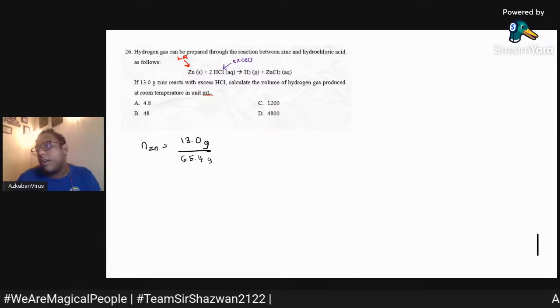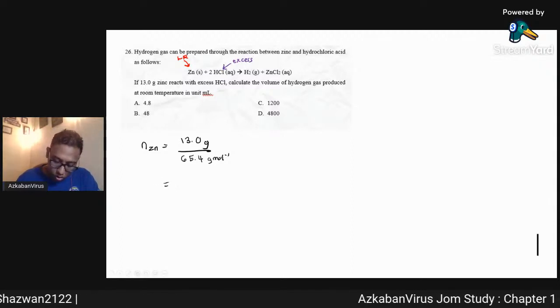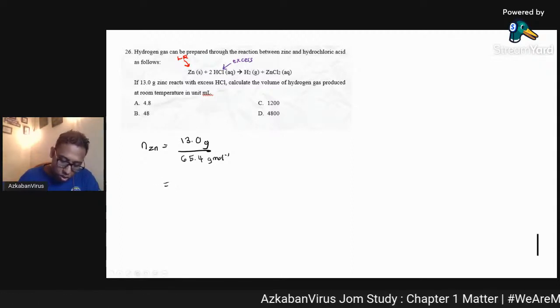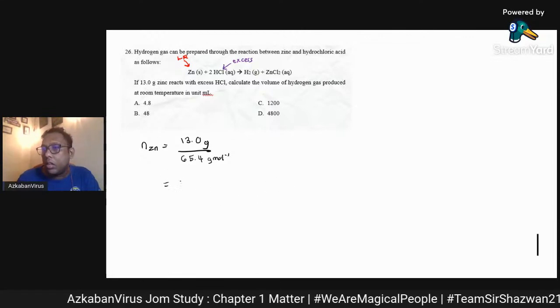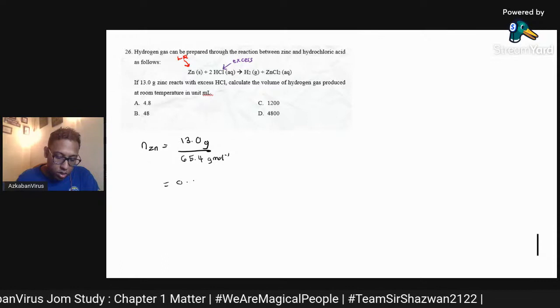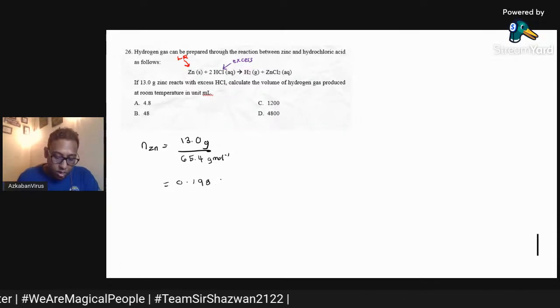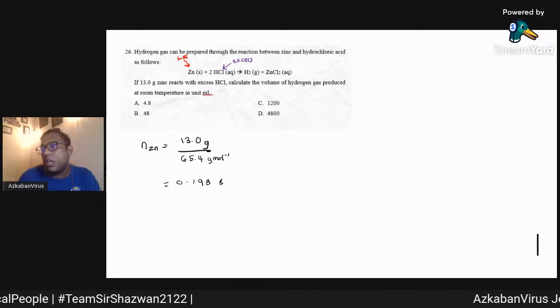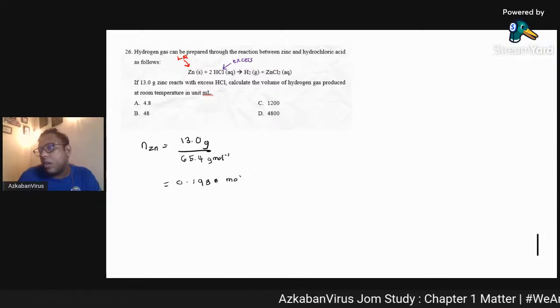65.4 gram per mole. This is equal to 0.1988 mole.